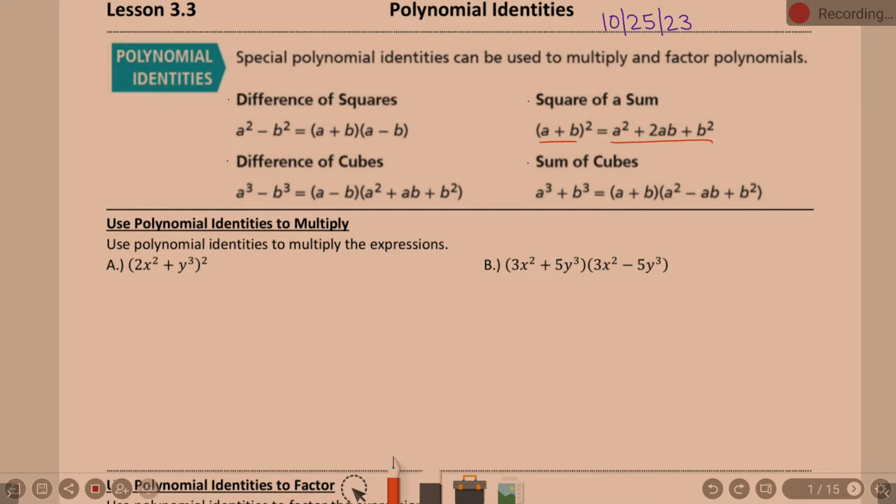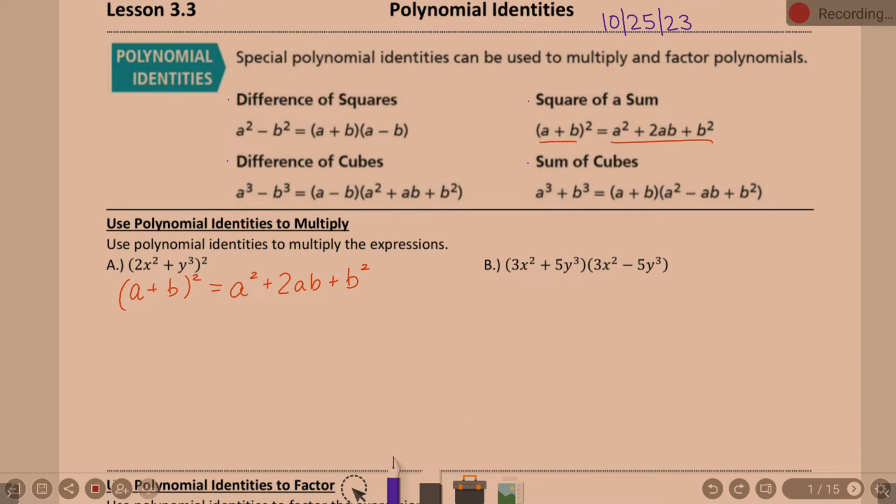Rather than foiling it out, if you can become comfortable with this, you can think about filling in this formula. If I think of that as a plus b squared, well then when I multiply it out, it's going to be a squared plus 2ab plus b squared. So as I said, it's a little bit of a shortcut.